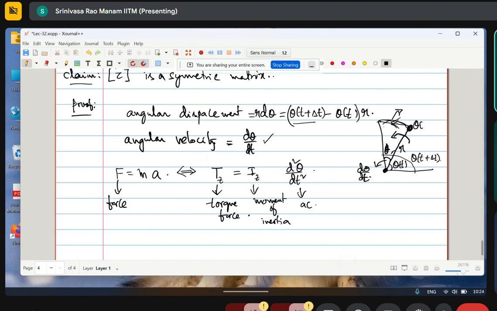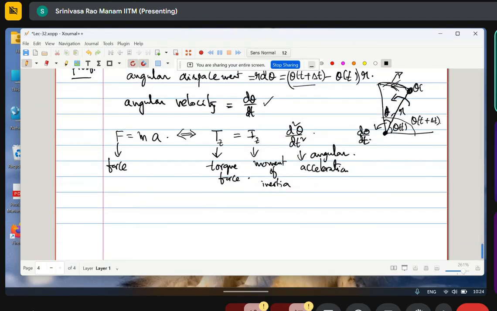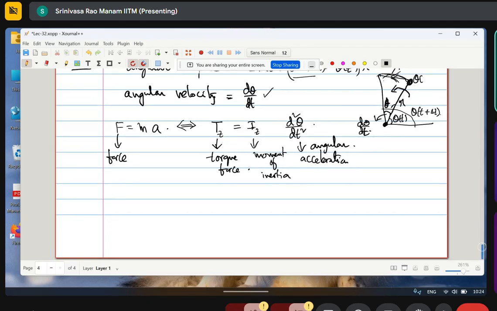This is your acceleration anyway, angular acceleration. You understand? These are the equivalent versions in rotational dynamics. Torque is equal to moment of inertia times angular acceleration, like that.